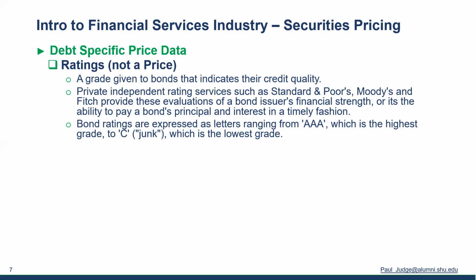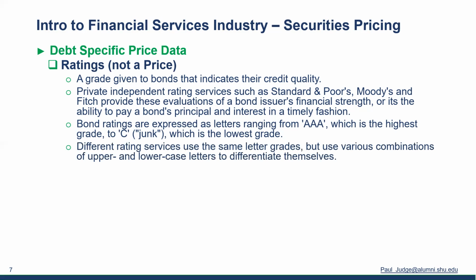Brokerage firms will source ratings data, in some cases nightly, in some cases weekly or bi-weekly, as different ratings come on at different times. But brokerage firms are constantly sourcing information from ratings companies so that they can correctly represent and rate the bonds that they carry for their customers.